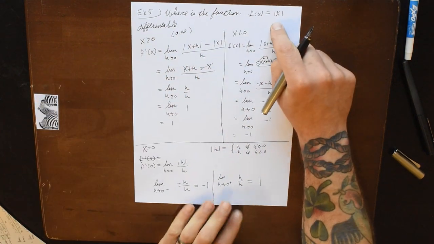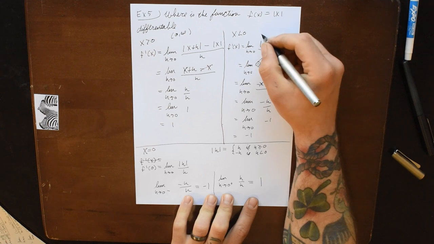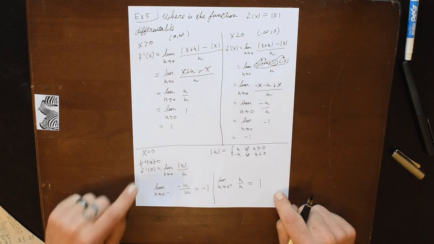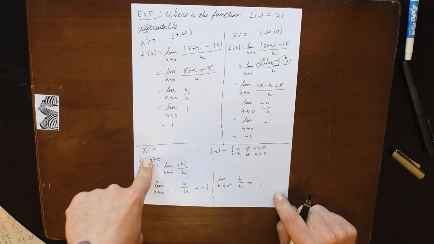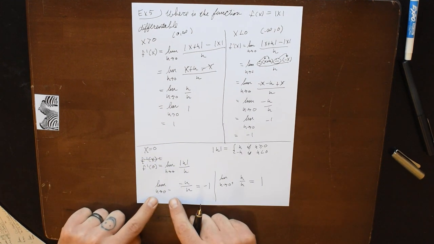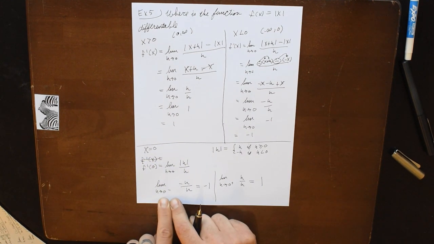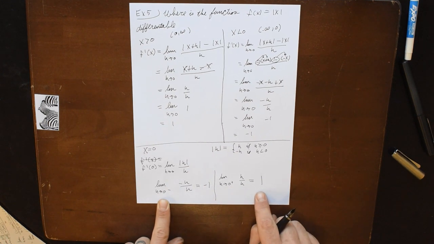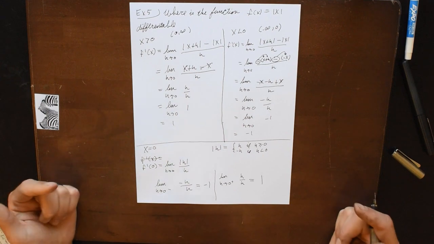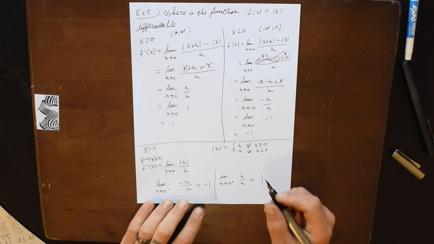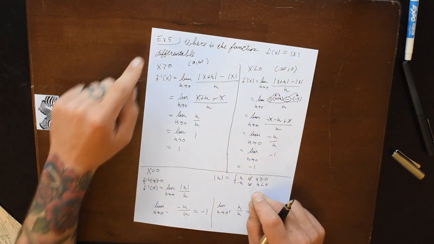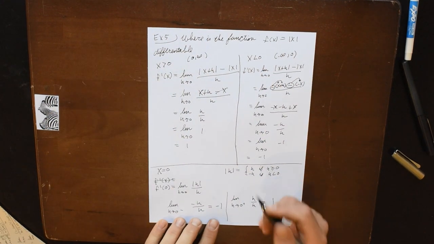And we also know this function is differentiable on the open interval negative infinity to 0. But what we have shown here, when x is equal to 0, is that the limit as h approached 0 from the left was not equal to the limit as h approached 0 from the right. So we know by that previous definition that the function f of x equal to the absolute value of x is not differentiable.